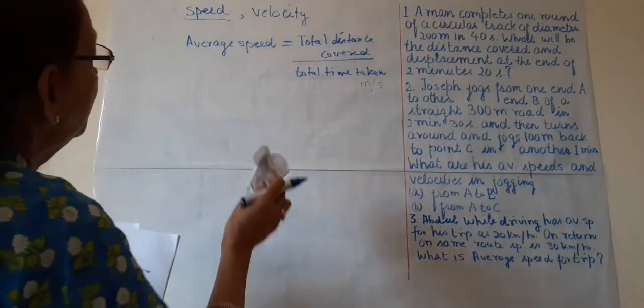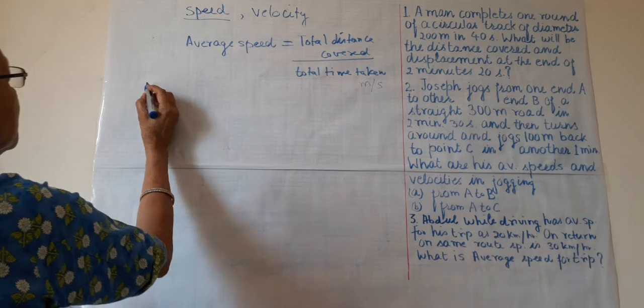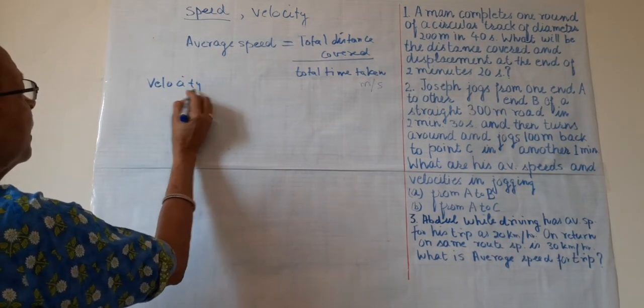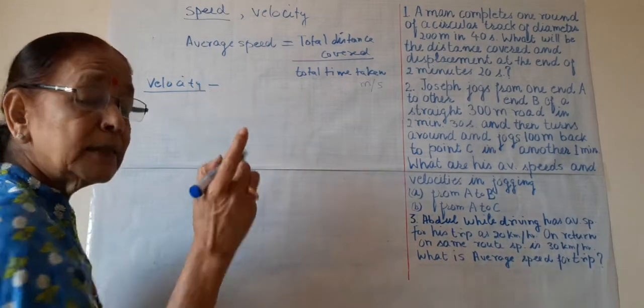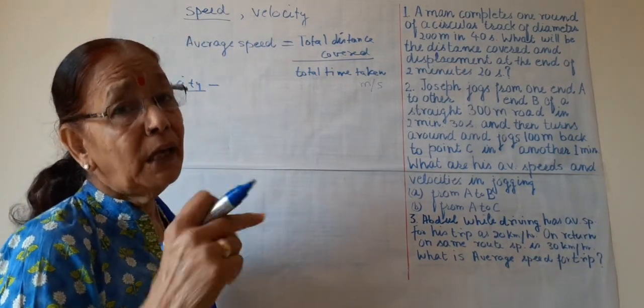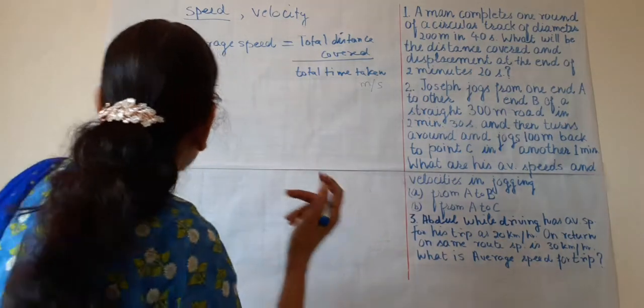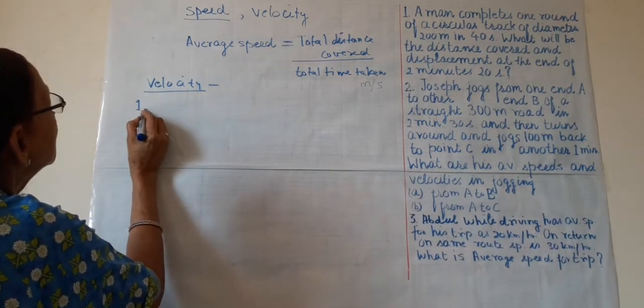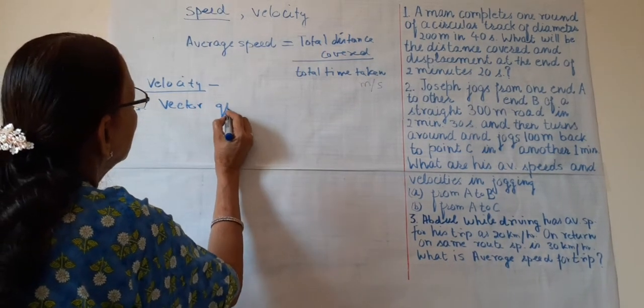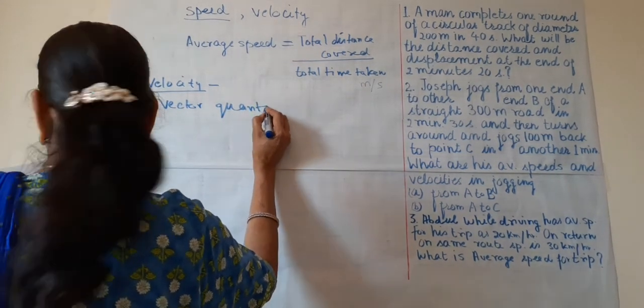Now we will come to velocity. So velocity is, first of all, we should write what is velocity. It is dependent upon displacement, I have told you, and displacement is a vector quantity. Likewise, velocity is also a vector quantity, a vector physical quantity.